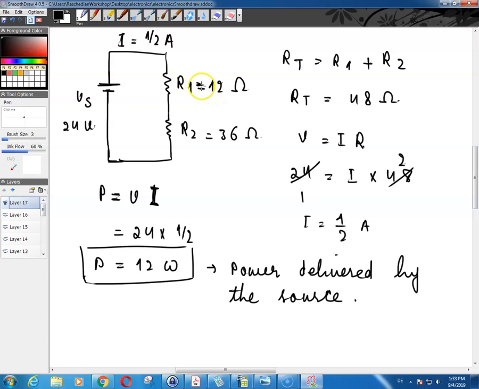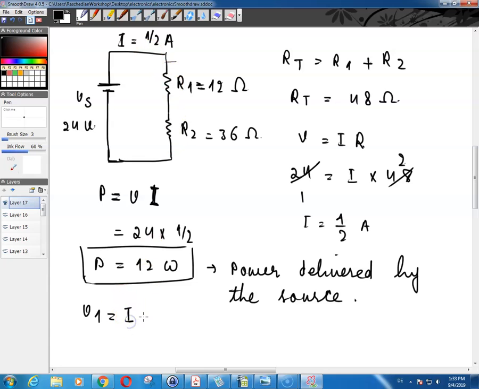So for example, let's say that the current going through this circuit is 1/2 an amp, right? If you want to calculate the voltage drop across R1, which you can call V1, then V1 is equal to I times R1, where I is the current going through the whole circuit.